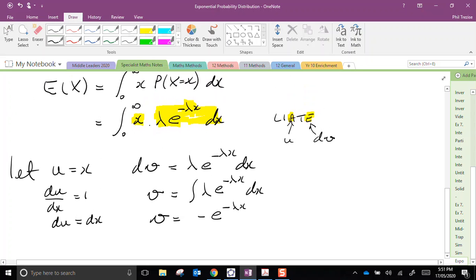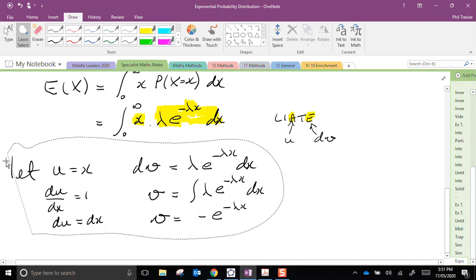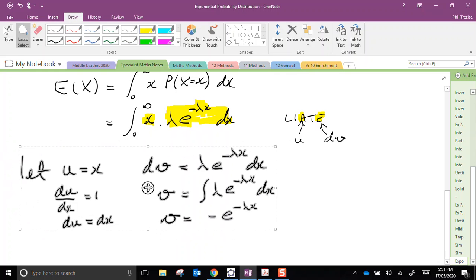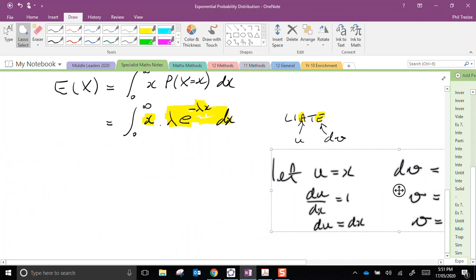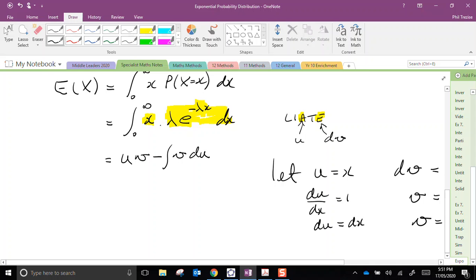Continuing on from this point, I probably should have done all that stuff over to the side, shouldn't I? Let's push that over slightly to the side. So now we've got u times v minus the integral of v du.